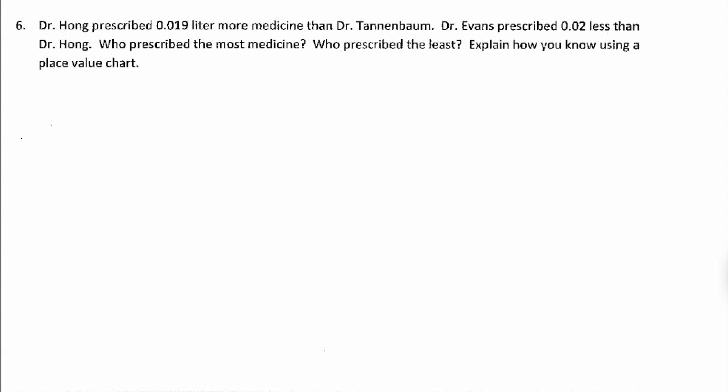So who are our 3 main people in this question? We have Dr. Hong, we have Dr. Tannenbaum, and we have Dr. Evans. What do we know about Dr. Hong? What did they tell us about Dr. Hong?